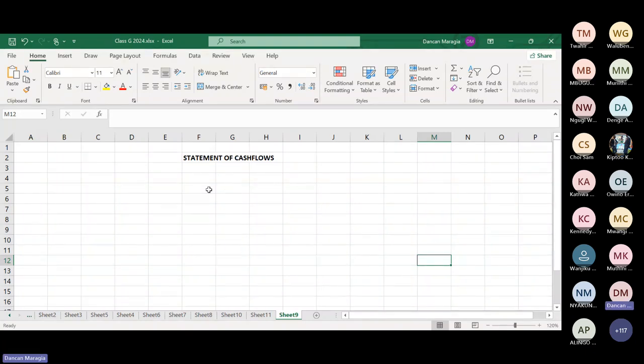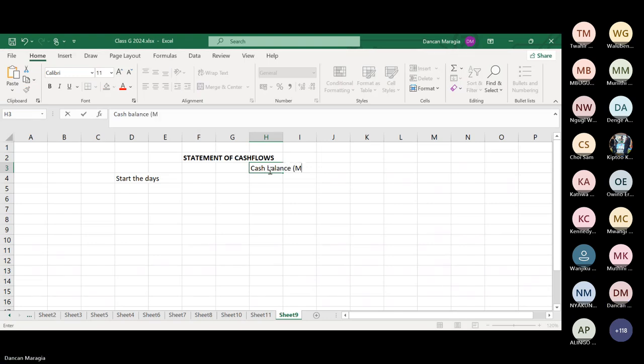I'll open this with a very simple example. Assume you start the day with a cash balance in your M-Pesa. Let's assume this is your M-Pesa. You start the day with an M-Pesa balance of 40,000. Then you close the day.